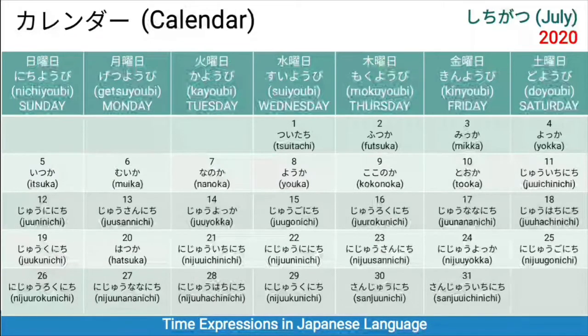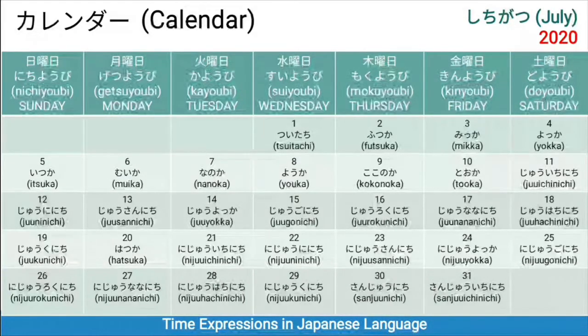Okay, we have Wednesday. Wednesday is Suiyobi. Its kanji is the kanji of tubig or water. Thursday is Mokuyobi. Its kanji is the kanji of ki, or tree. Okay? We have Friday. Friday is Kinyobi.